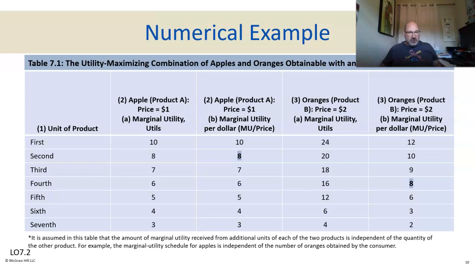So your marginal utility per dollar spent is going to be the same as the marginal utility because it's going to be that divided by 1. So 10, 8, 7, 6, 5, 4, 3. Oranges have a marginal utility of 24, 20, 18, 16, 12, 6, and 4. You are going to halve that to get your marginal utility per dollar because they have a price of 2. So 12, 10, 9, 8, 6, 3, 2.